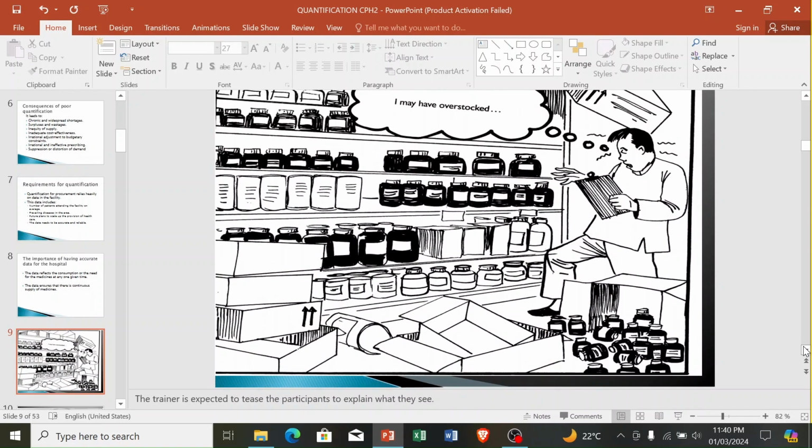You see, even some of the medicines are on the floor. It has nowhere to put them. So these are consequences of poor quantification. You find that you overstock, you have no space to put the medicine, quality degrades because you have not appropriately stored them. Medicines get exposed to light in case you're supposed to protect them from sunlight.